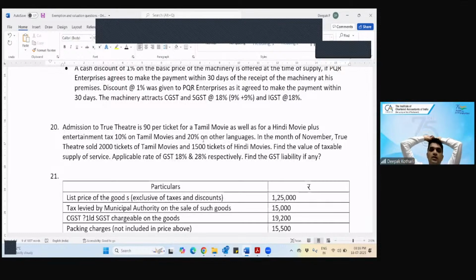The entertainment tax is 10% on Tamil movies and 20% on other languages. In the month of November, True Theatre sold 2,000 tickets of Tamil movies and 1,500 tickets of Hindi movies. Find the value of taxable supply of service, applicable rate of GST 18% and 28% respectively. Find the GST liability, if any.